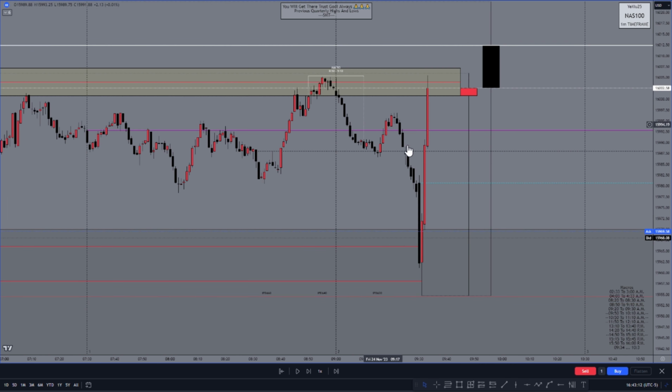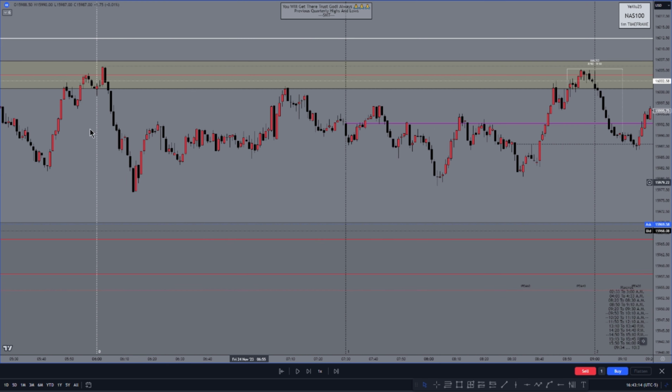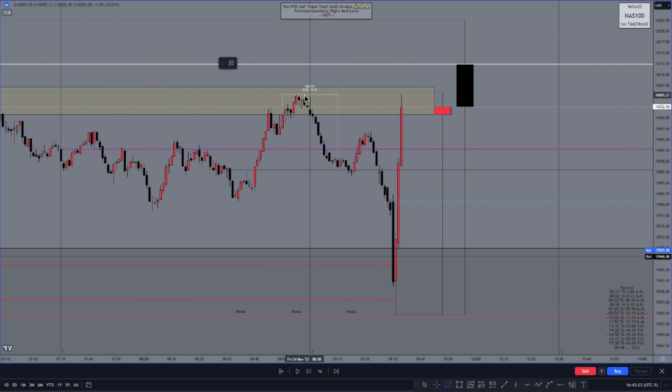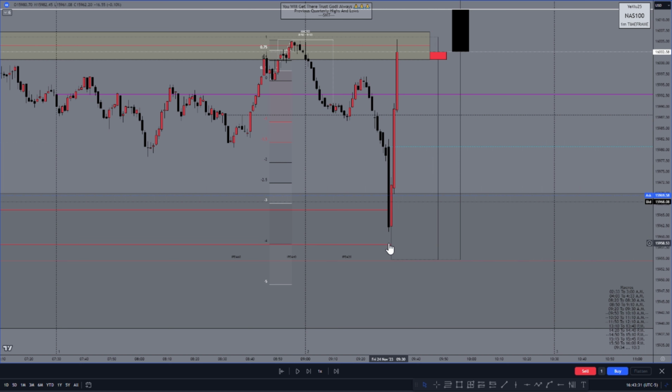And this is quarter 2, quarter 1, quarter 2, and quarter 3. We will displace lower to reach for sell side liquidity. And if you want more things, you can do this, like that, and this one right here. -4, look at that, and price reached for that level. -2, 2.5, silver bullet zone, you know.